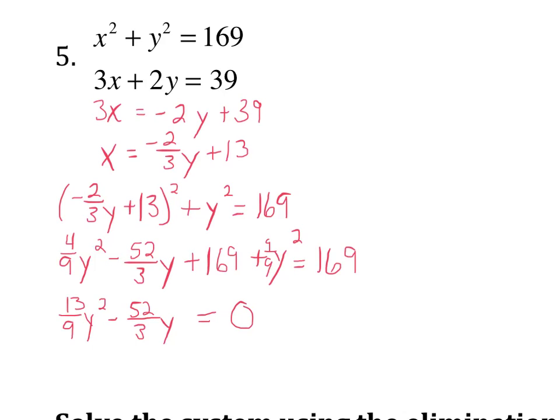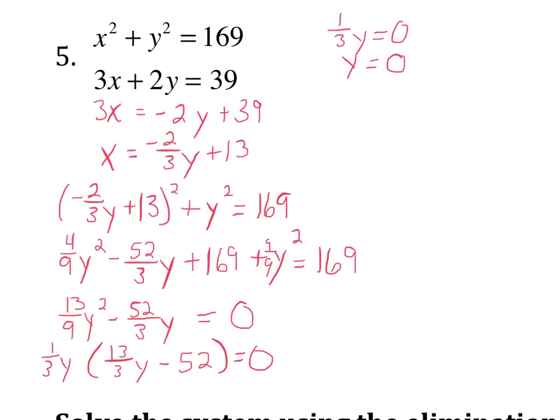And it looks like we can factor out a 1/3 y, and that will give us 13/3 y minus 52. So it looks like we will have a solution at y equals 0 and 13/3 y minus 52 equals 0.